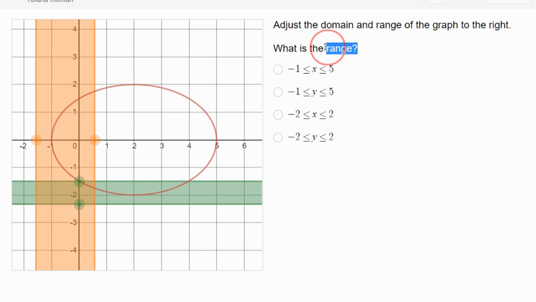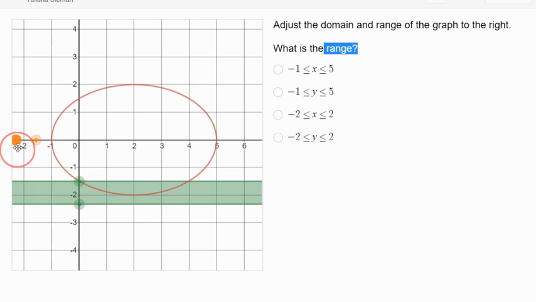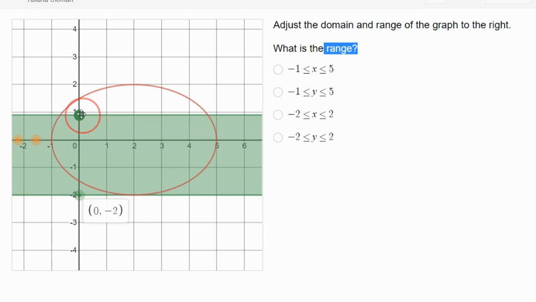Remember that range is bottom to top. Therefore, if I look at this, this orange doesn't even matter, because the orange is left to right. So I don't even really care what the orange is. The only thing I care about in this case is the green. So the bottom part of the graph is at -2 and the top part of the graph is at 2.